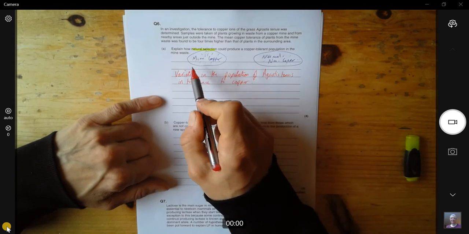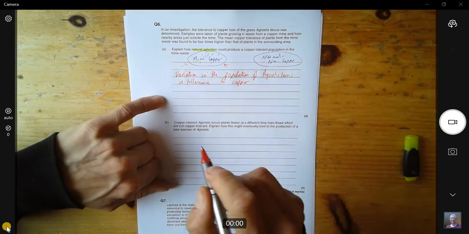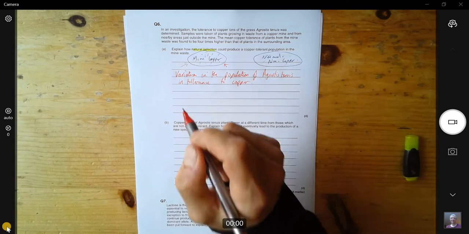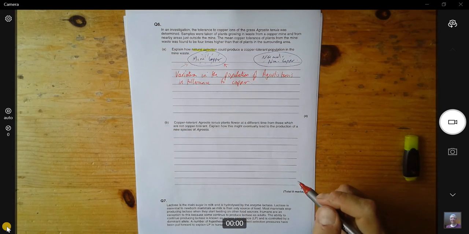And as you can imagine here, so we're talking about the mine example. So tolerant plants are more likely to survive, more likely to reproduce, more likely to pass on those alleles.